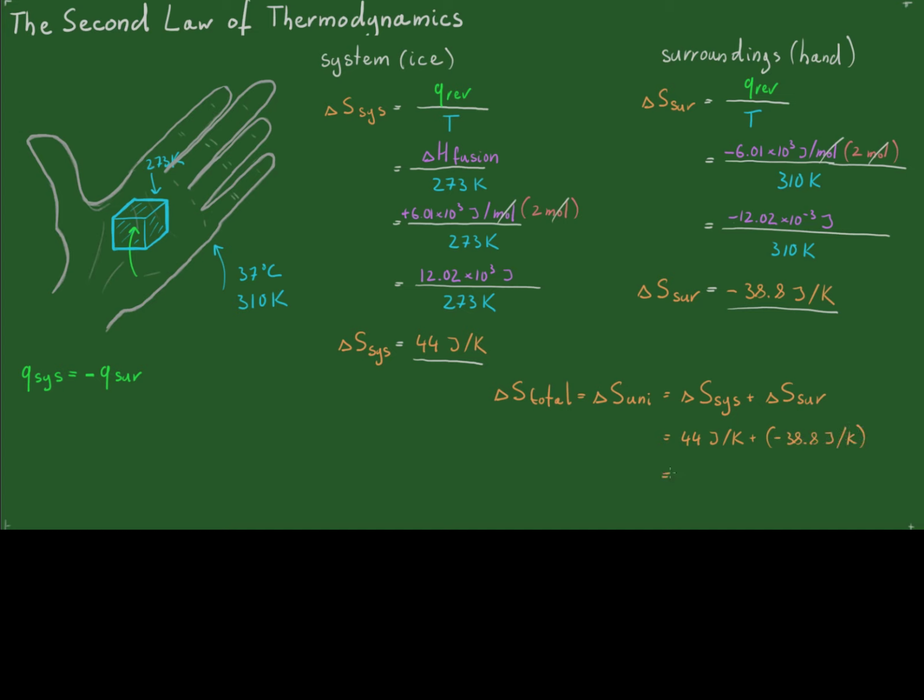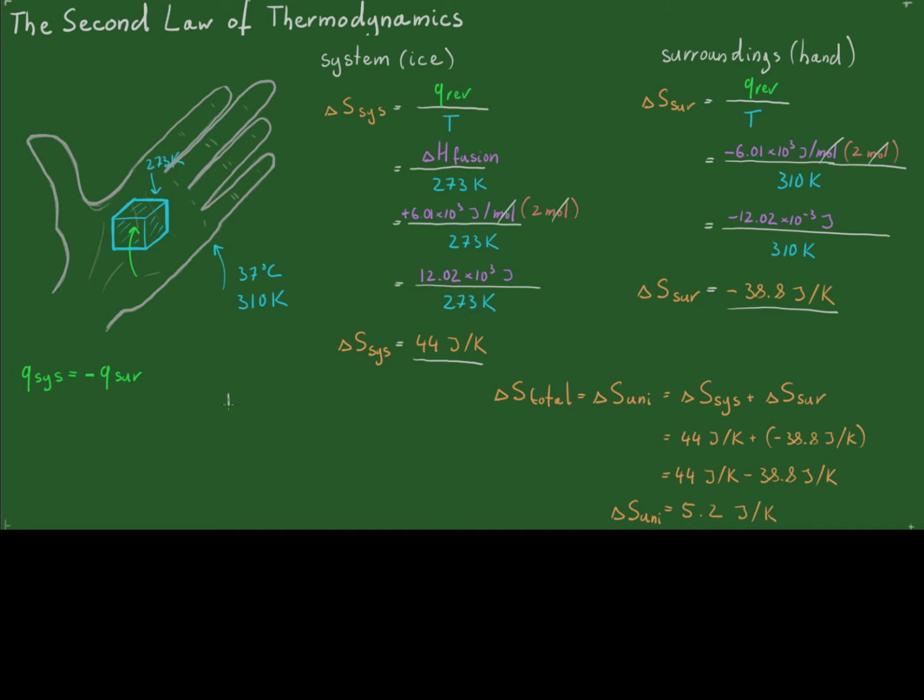And I'm going to rewrite that just to make it a little bit neater. So 44 joules per Kelvin minus 38.8 joules per Kelvin, which is 5.2 joules per Kelvin. So the entropy of the universe has increased. And this is true of all irreversible processes.